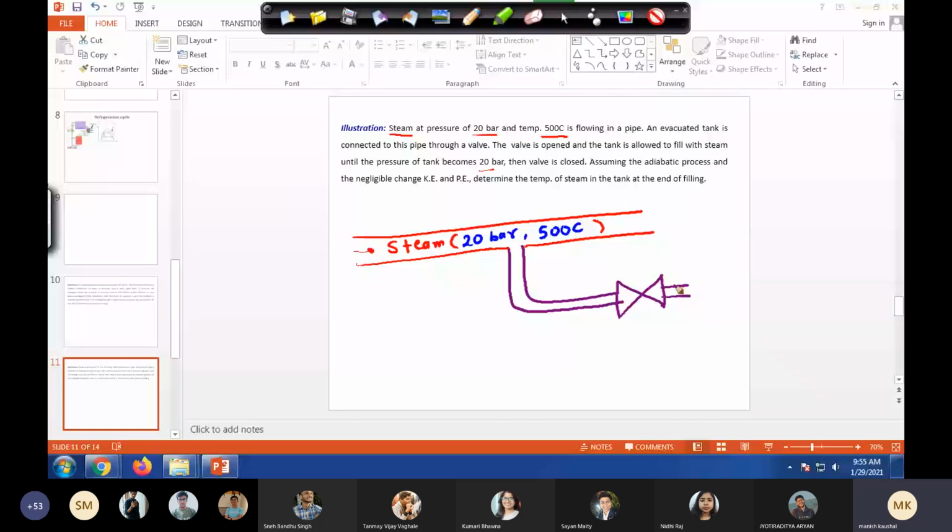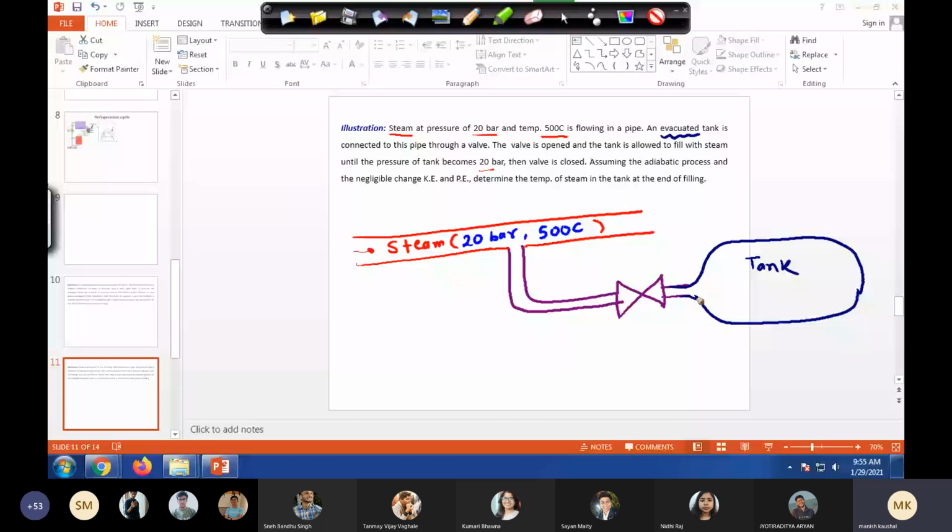So let's say there is a tank. Initially it's evacuated. Nothing is there. And then you connect it with the supply line and you open the valve. Once you open the valve, steam will go inside it and you have to fill it until the pressure of the tank becomes 20 bar.